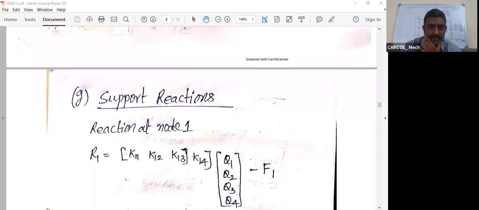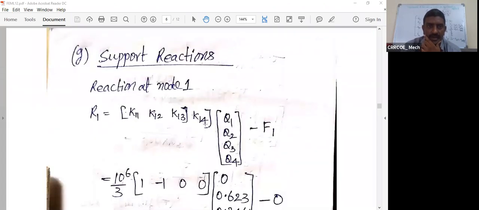Next, support reactions. Support reaction at node 1: R1 is equal to the first row elements of the stiffness matrix, K11, K12, K13, K14, multiplied with the nodal displacement vector Q1, Q2, Q3, Q4, minus the element F1.